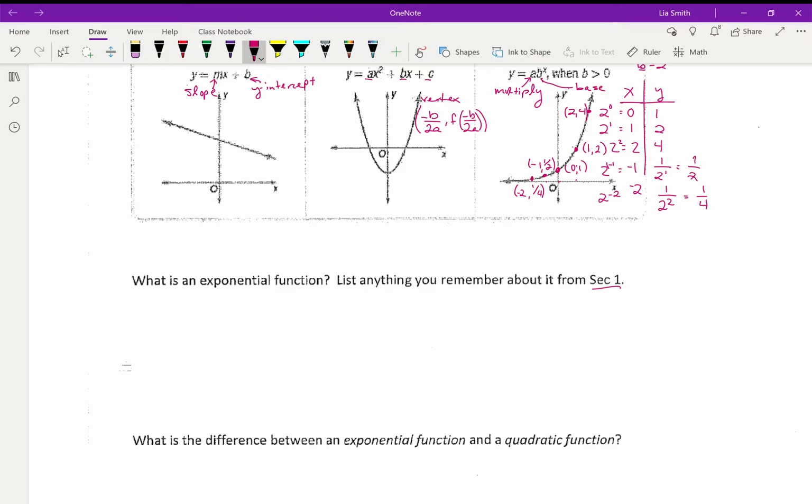Remember that exponential functions are just any value raised to an exponent. And from that video, you can recall that exponential functions increase really, really fast.